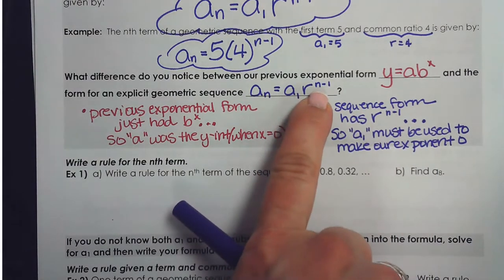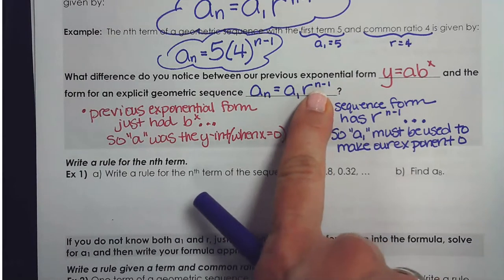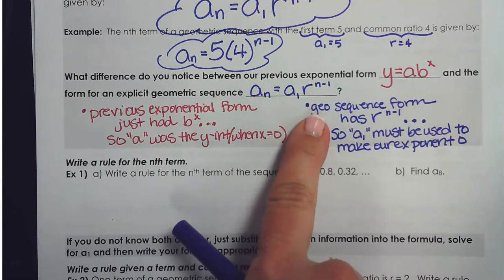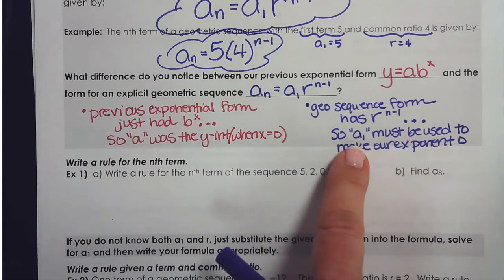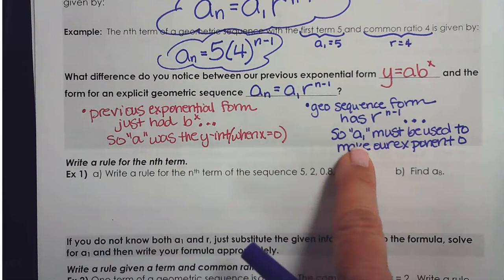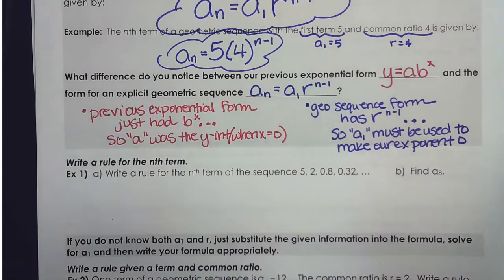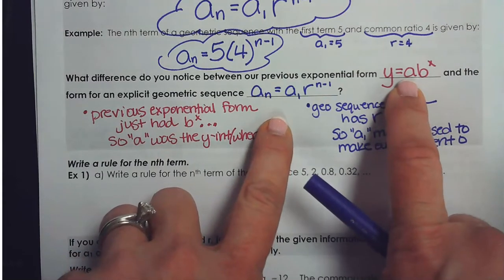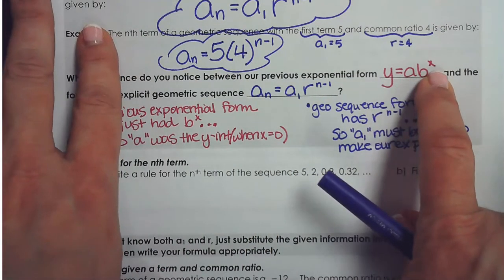And when our exponent is 0, doesn't this turn into 1? And then this is kind of like what we're left with. So the geometric sequence has r to the n minus 1. So we use a sub 1, our first term, to make sure that our exponent is 0. So here, that's our y-intercept. So that would be like an a sub 0 in our exponential form here.